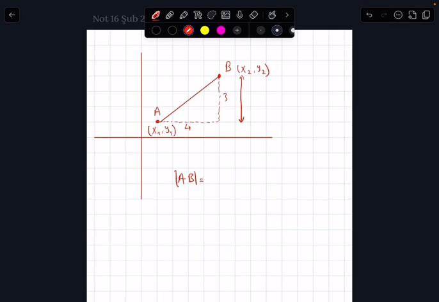So it's going to be y2 minus y1, basically, okay? And then square, plus x2 minus x1 square.